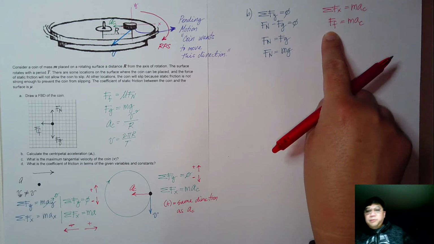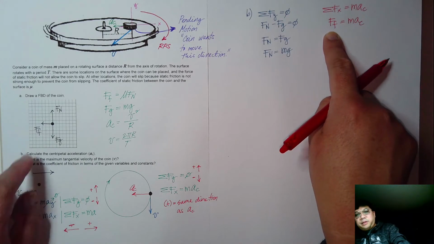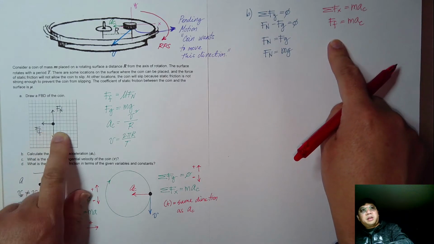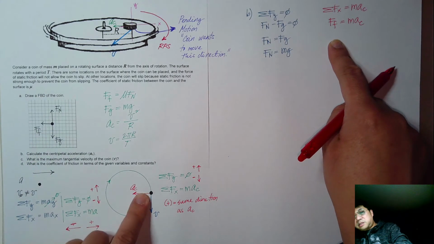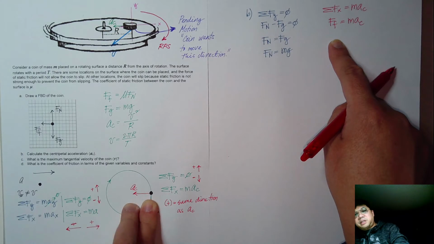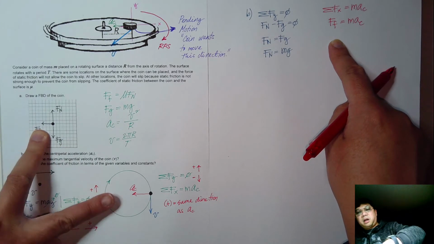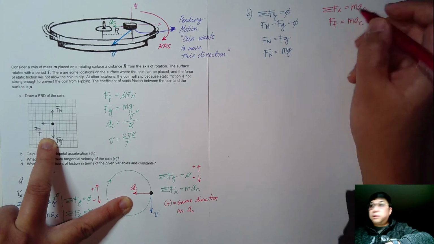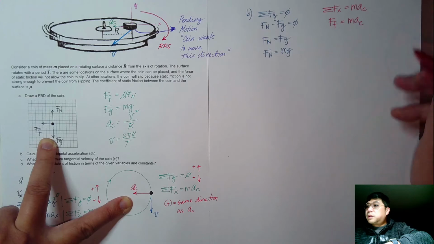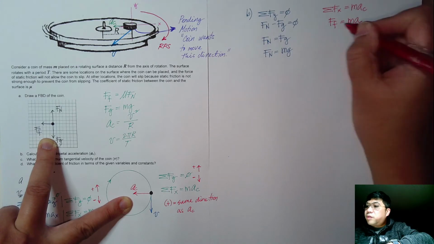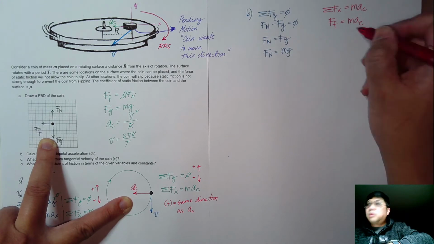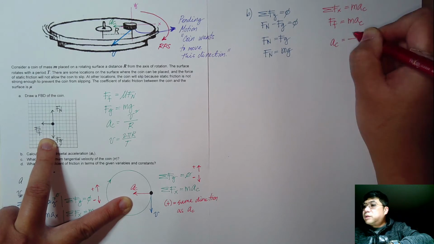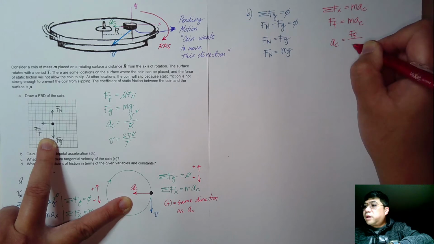Now, is force of friction positive or negative? Definitely, if you're talking about linear motion, you would say it's negative because it's going to the left. But since the centripetal acceleration is the same direction as our force of friction, we can say that this is positive. Now, how do you solve for the centripetal acceleration? All we have to do is divide both sides by m to cancel out m on one side of the equation. So centripetal acceleration is simply equivalent to the force of friction divided by m.